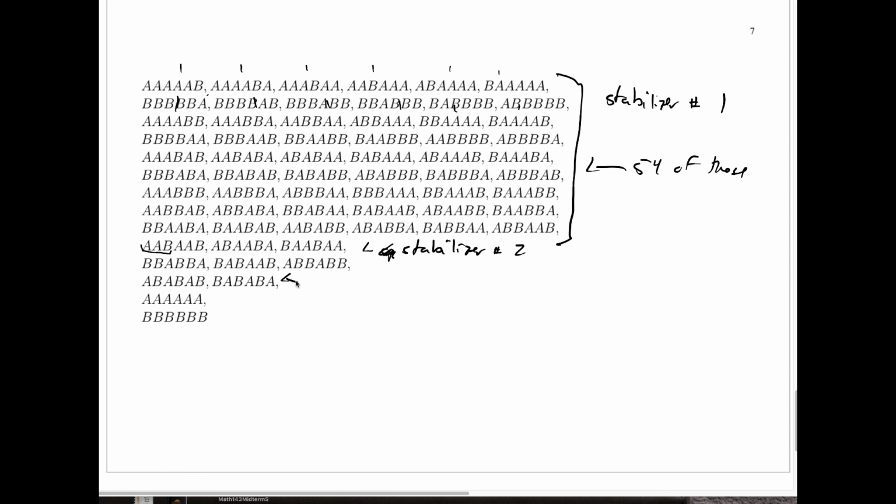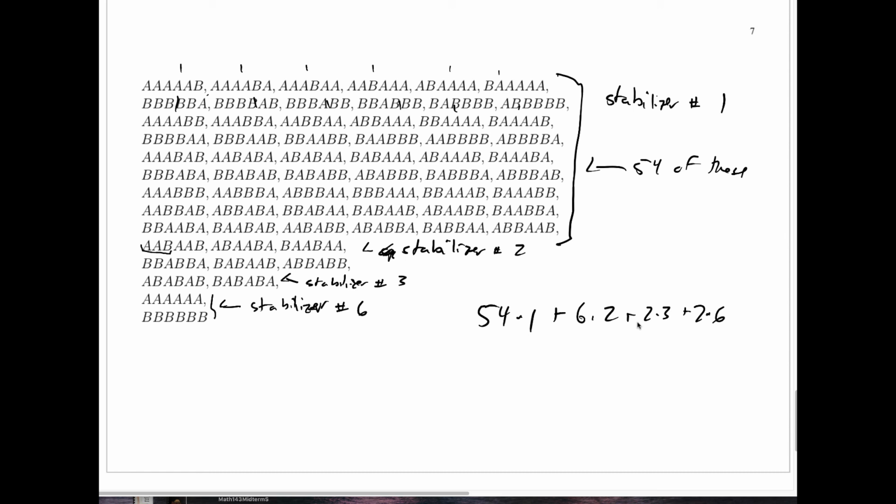These two both have stabilizer number 3. And of course, these two both have stabilizer number 6. So how do I add up all these stabilizer numbers? I have 54 that have a number of 1, 6 that have a number of 2, 2 that have a number of 3, and 2 that have a number of 6.